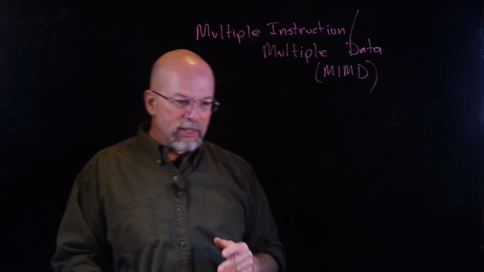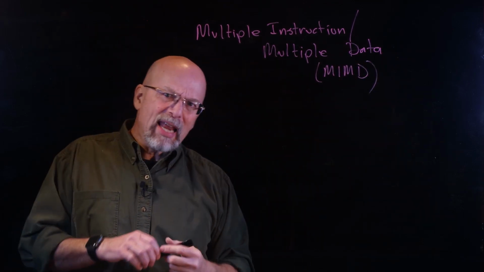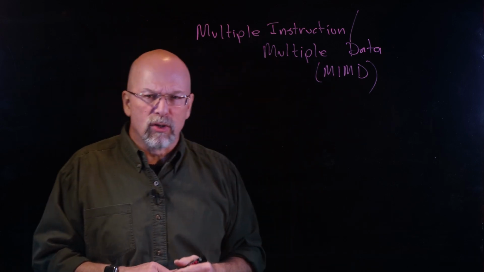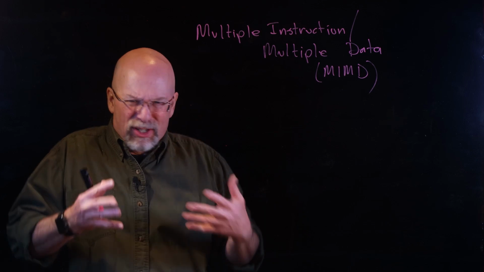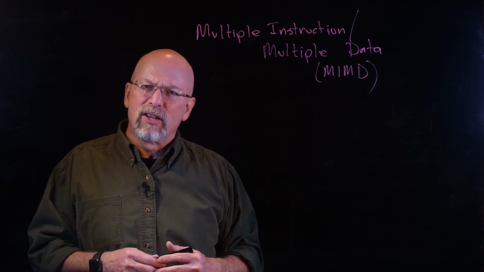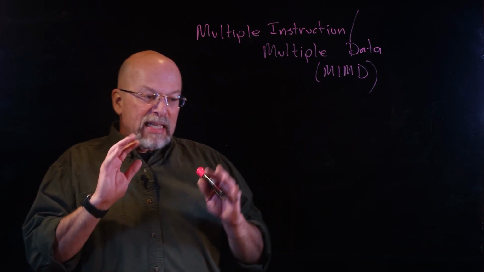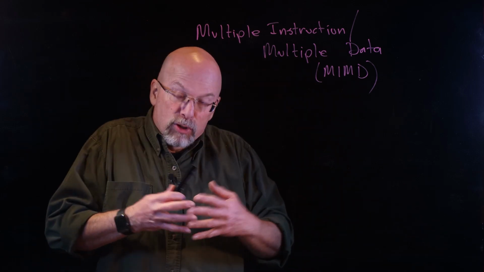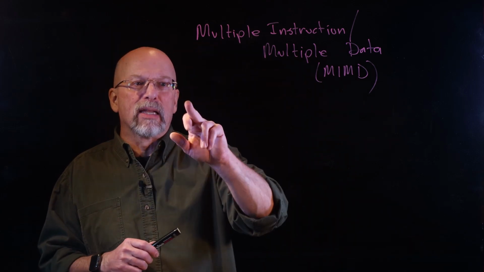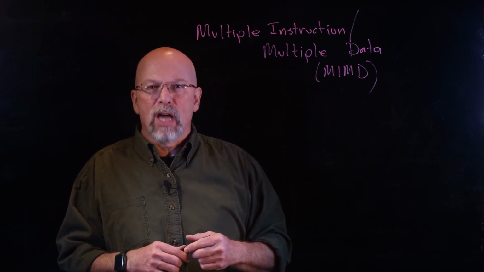MIMD is where we've got individual processing units, and each one of them is general purpose. Just think about a single core in your computer. Each processor should be capable of doing the complete process independently. It may just take a little bit more time.